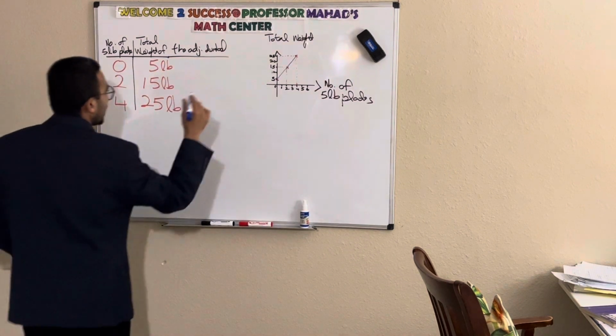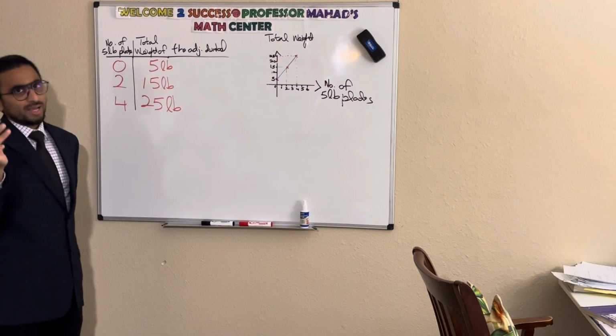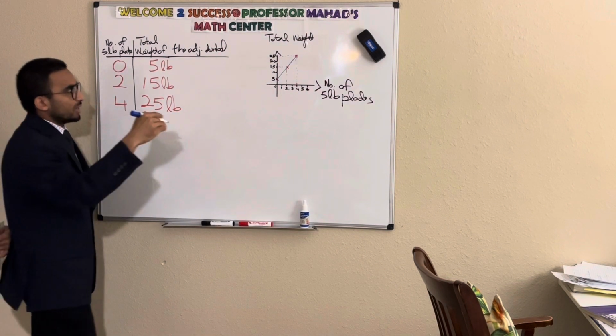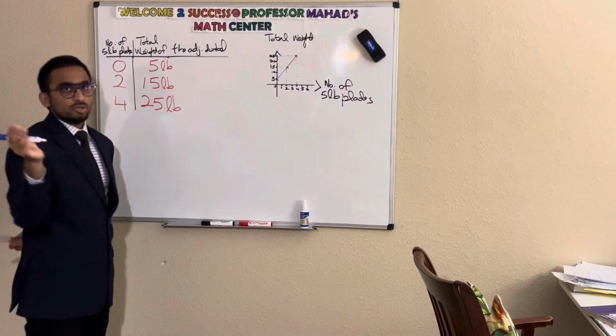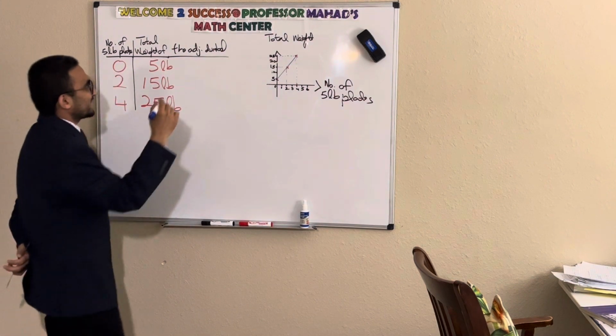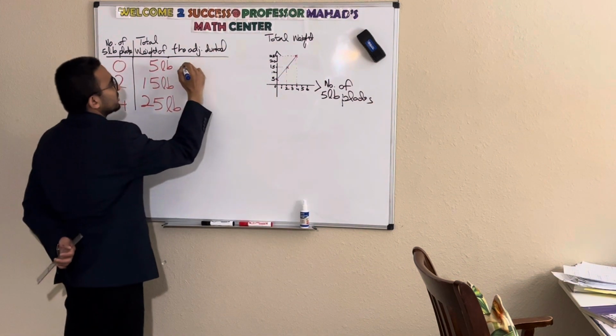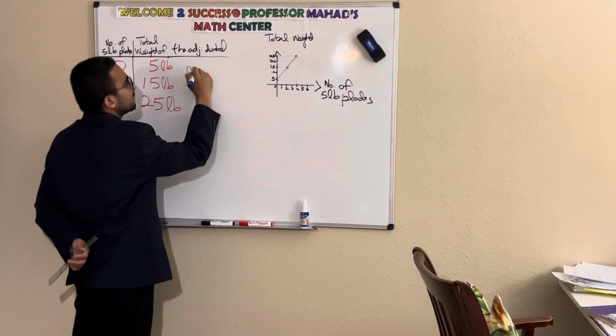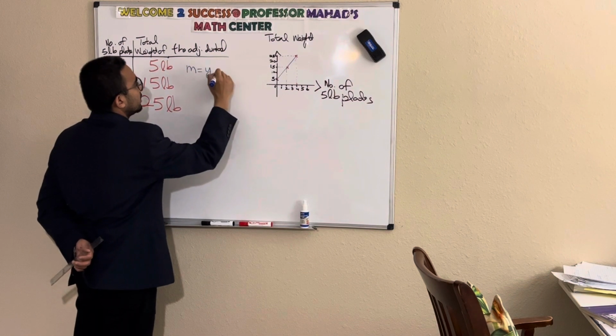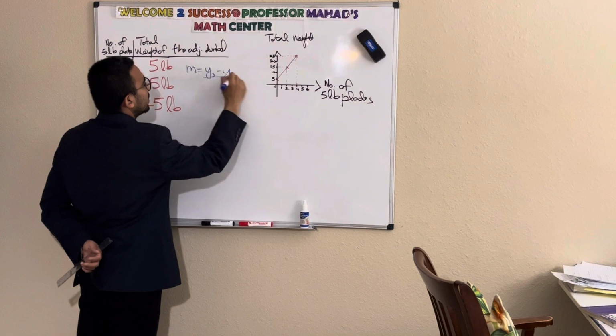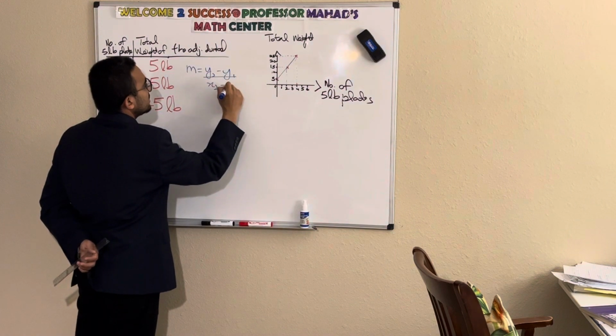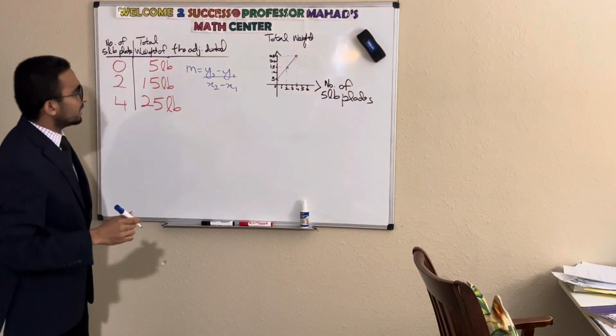So let us calculate the gradient first. Again, this is stuff which should have been done by you guys already, but let's go back to it. So the gradient, which is the m, is y2 minus y1 over x2 minus x1, right?